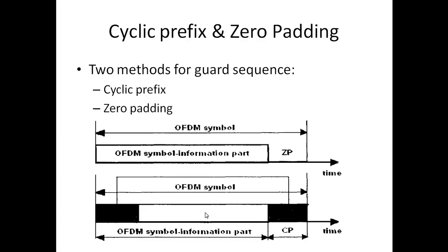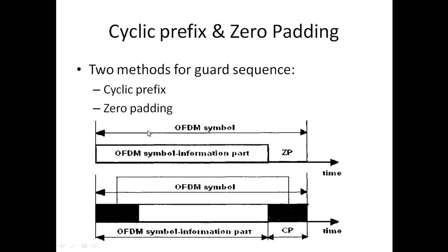So what can be sent over the guard interval? We have two methods: one is the cyclic prefix method and the other is zero padding. In the cyclic prefix method, as shown in the figure, the guard interval is filled with data taken from the first few elements of the block, and so the entire OFDM symbol will have the block of data appended by the initial part of the block of data.